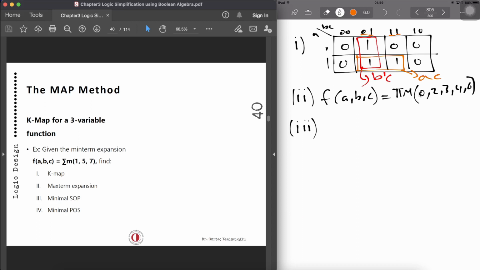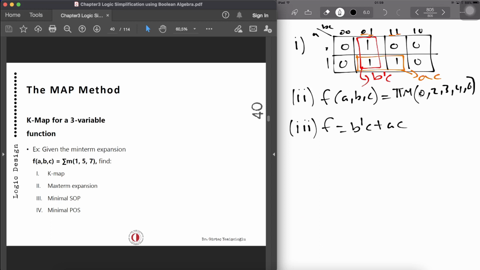So I can say that F is equivalent to B prime C or AC.